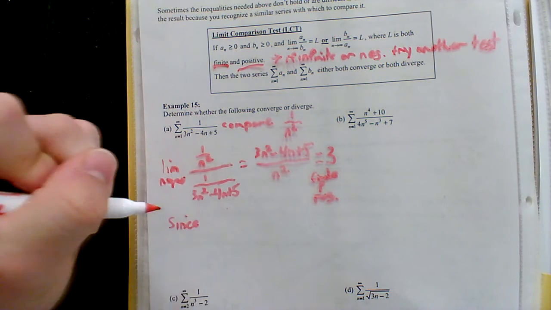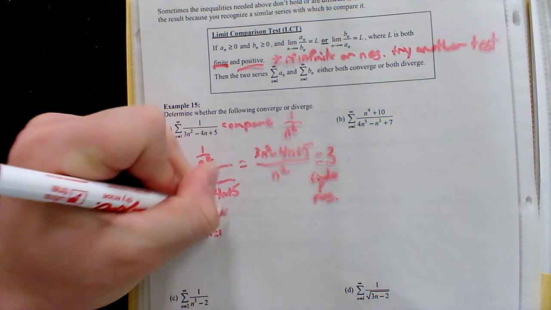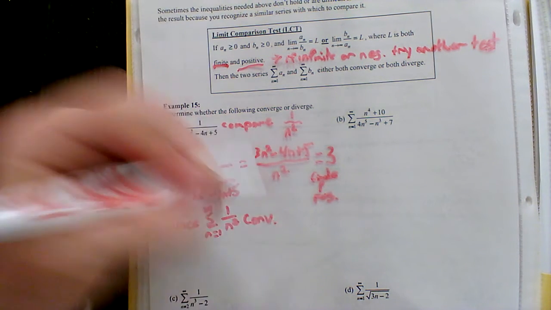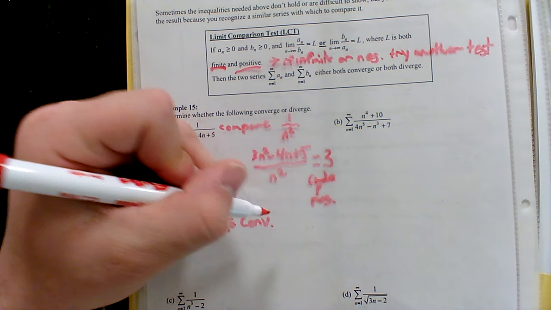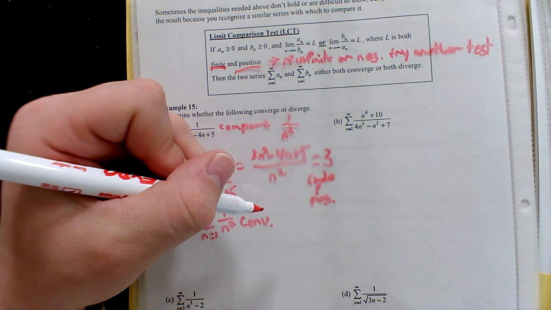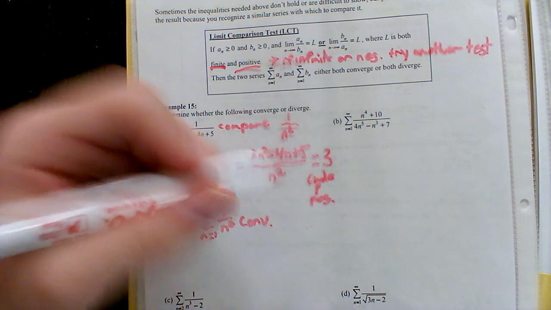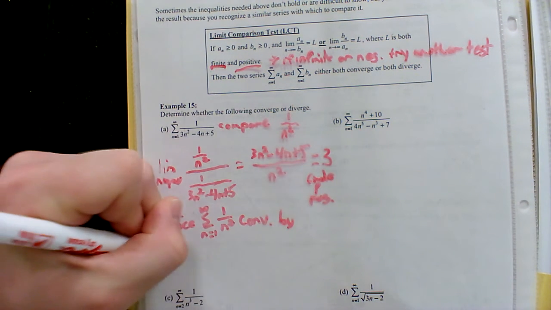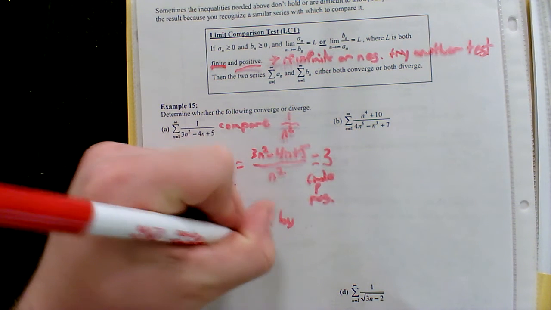So our conclusion, since the summation of n equals 1 to infinity of 1 over n squared converges, we can say this one converges, well actually, yeah, converges by p series with p equal to 2.